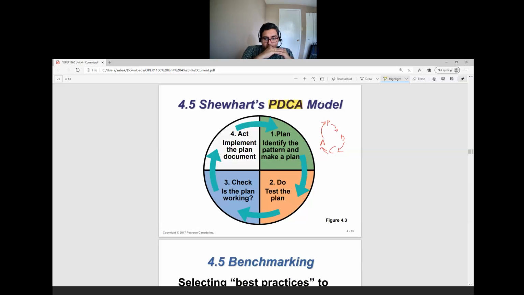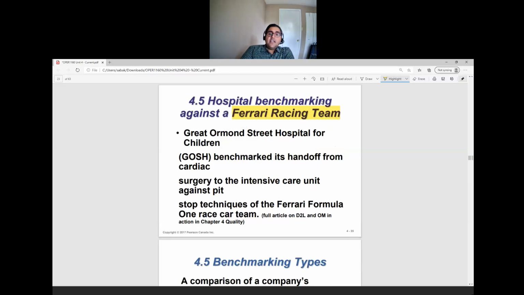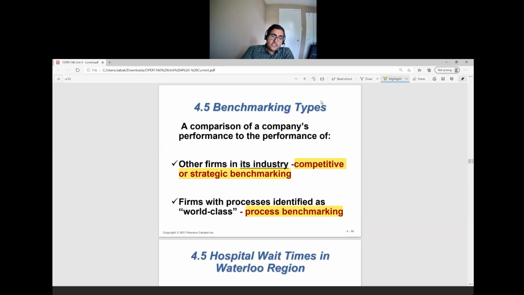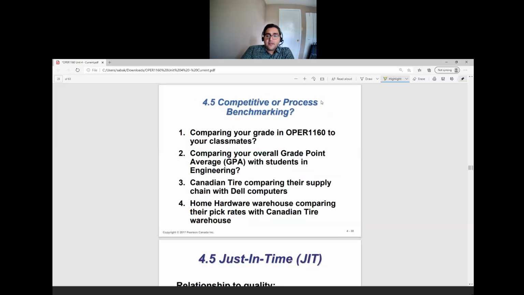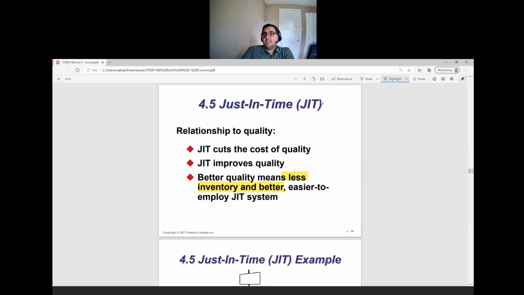PDCA is the plan, do, check, and act model. And towards the end, we discussed the benchmarking processes. Benchmarking is trying to compare your performance with the best in the industry or with the best in terms of the processes. The two types of benchmarking which we have seen are competitive or strategic benchmarking and process benchmarking.